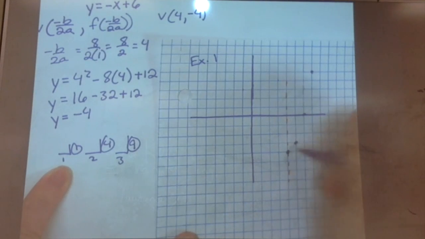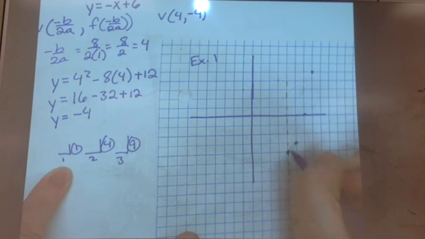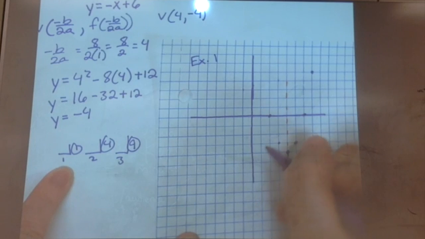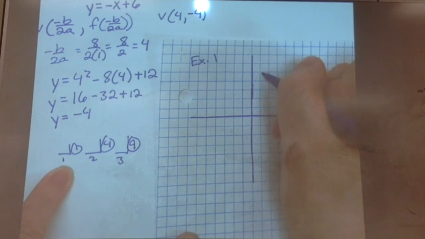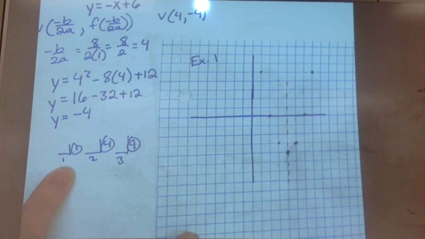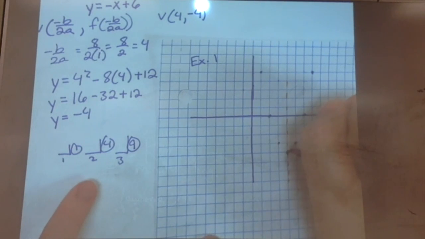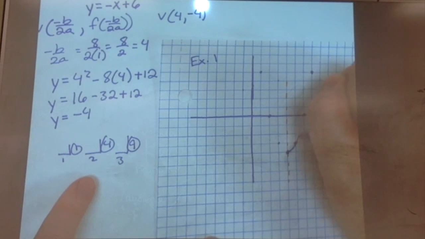And since this is the axis of symmetry and parabolas are symmetrical, I'm going to do the same thing on the other side of that axis of symmetry. I'm going to go left 1, up 1, left 2, up 4, left 3, up 9. And then I'm going to do my very best to connect those in a gentle parabolic curve.